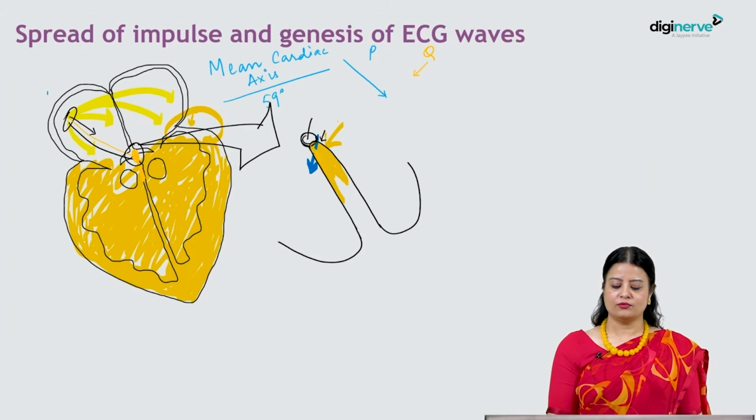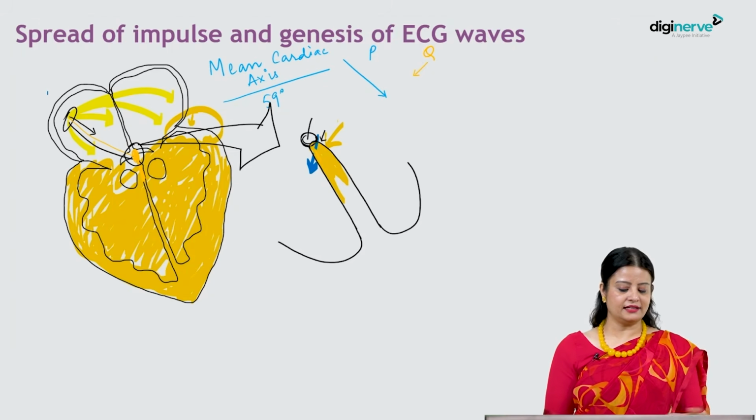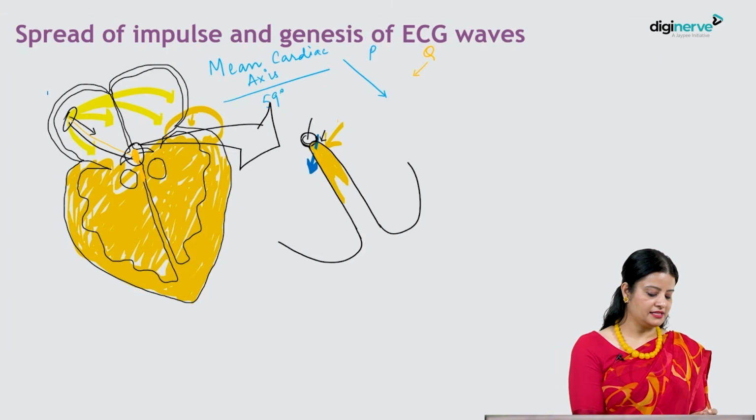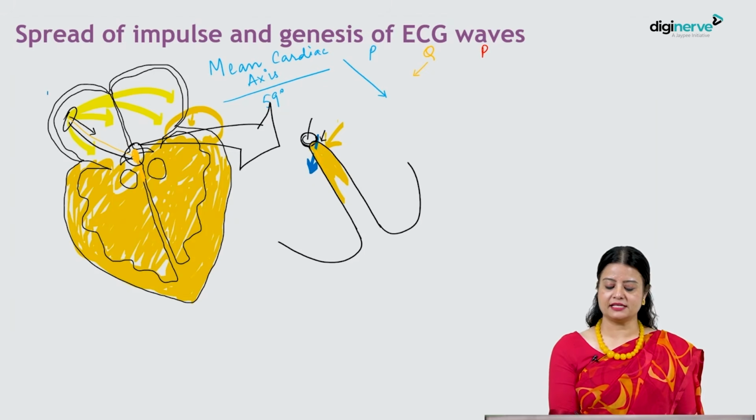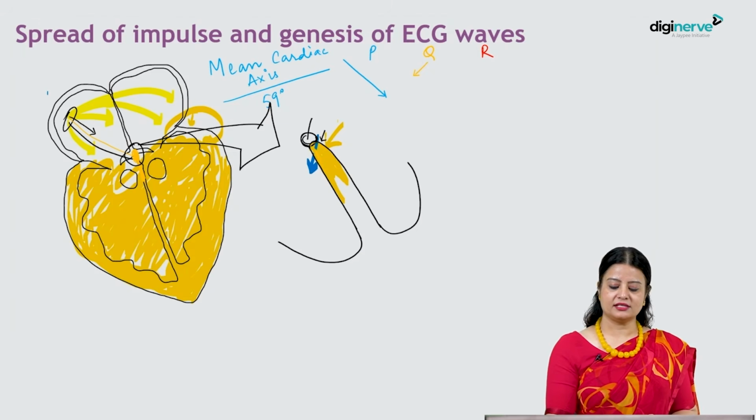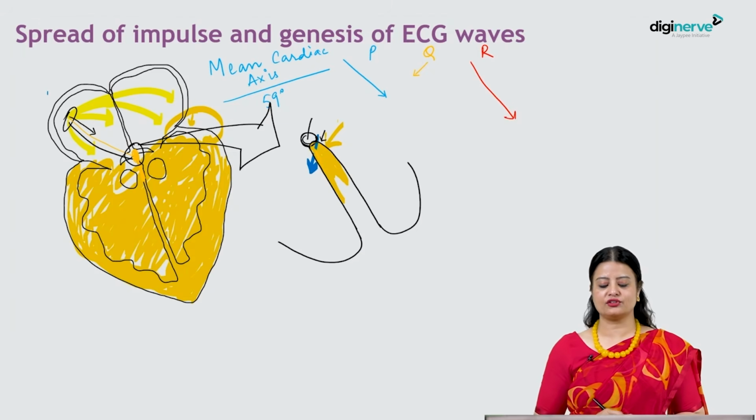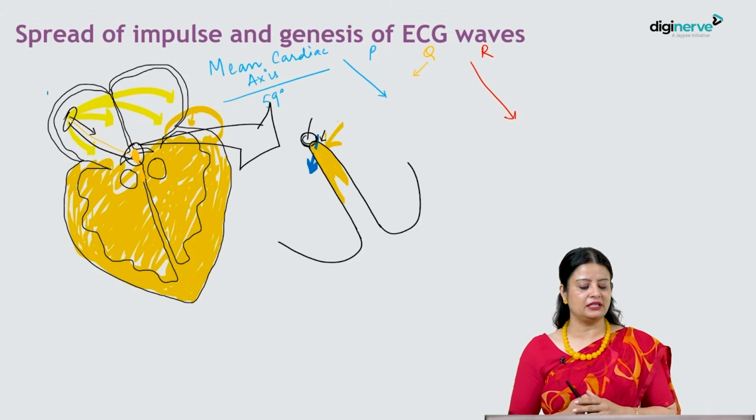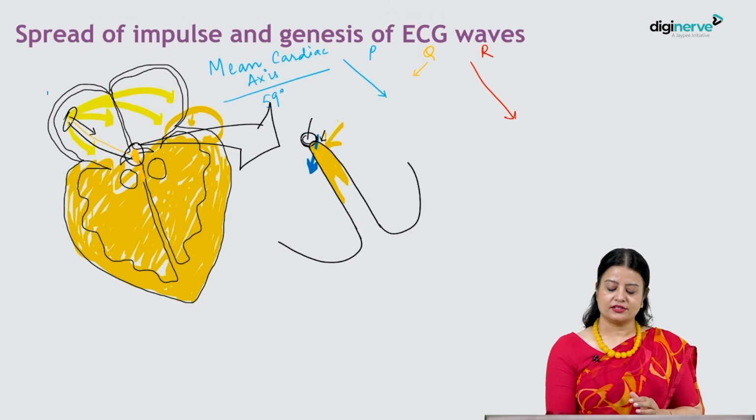So now, once the entire muscle mass is depolarized, the resultant vector is a very strong vector in the direction of the mean cardiac axis.